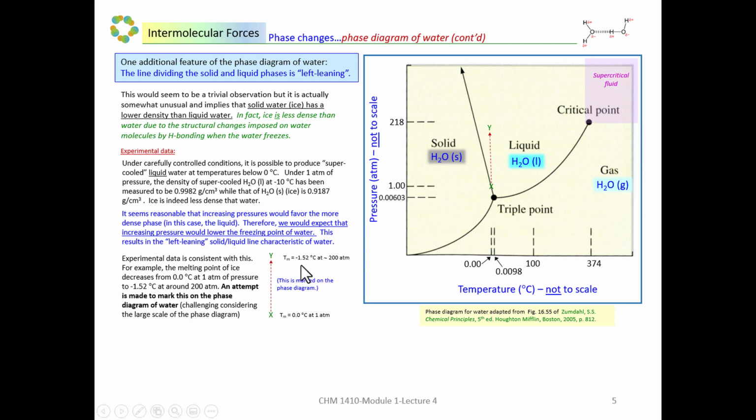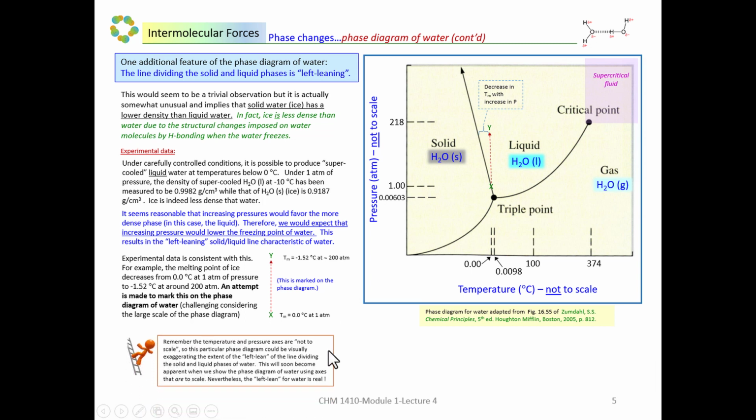It drops by minus 1.52 degrees C. So I've tried to mark that on the diagram here. However, this is a real drop in melting point.